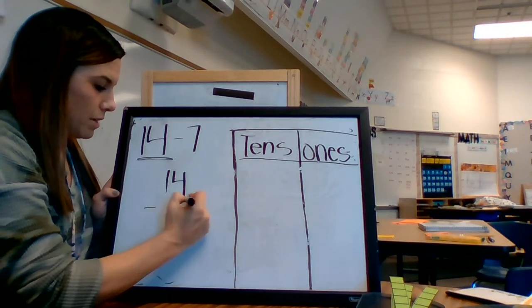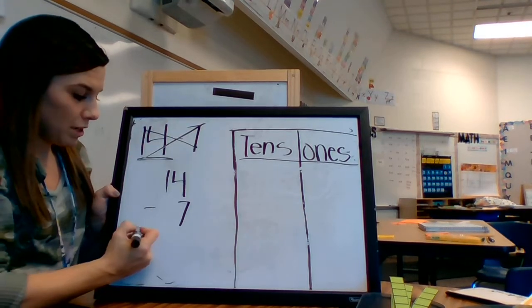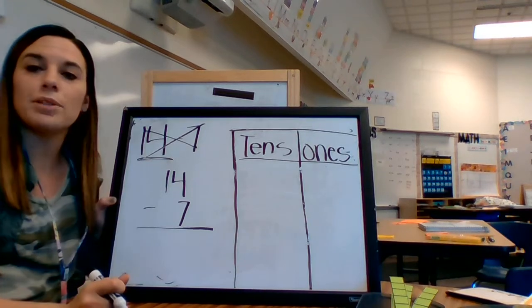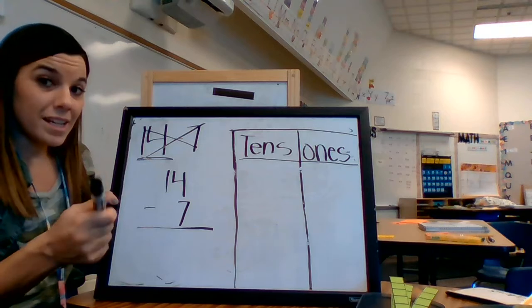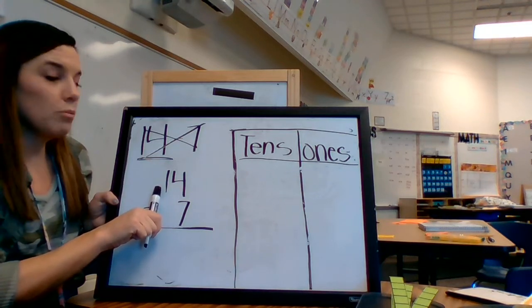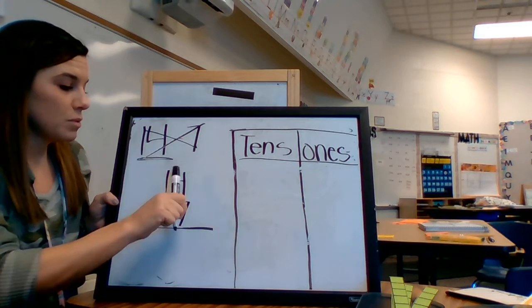14 minus 7. Then I don't need this problem anymore because I can just use this subtraction problem throughout my subtraction. But if you do this, I need to tell you that it's so important that you are lining up the numbers in the ones place.